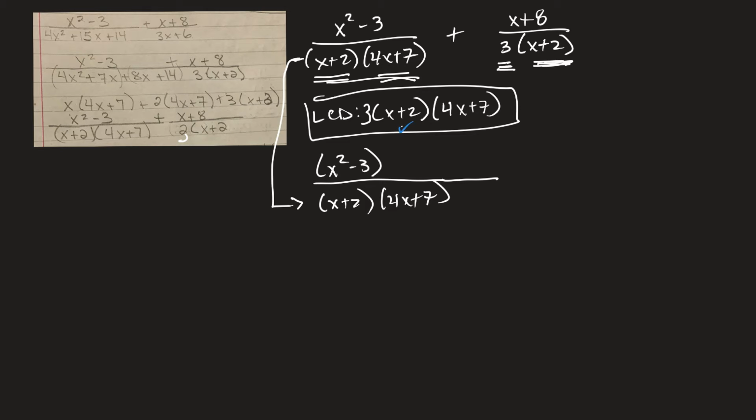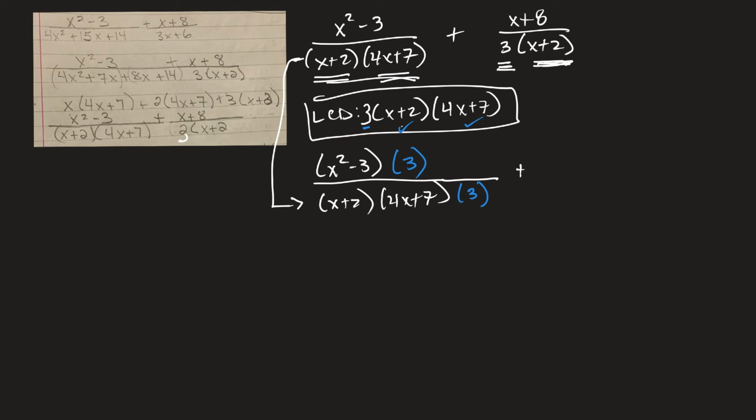So I have this already, I have this, but I don't have a 3, right? So I need to include that 3. And if I include it on the bottom, I also need to include it on the top. And probably I should have written them at the front. Doesn't matter according to the commutative property, but I'll put them there for now.